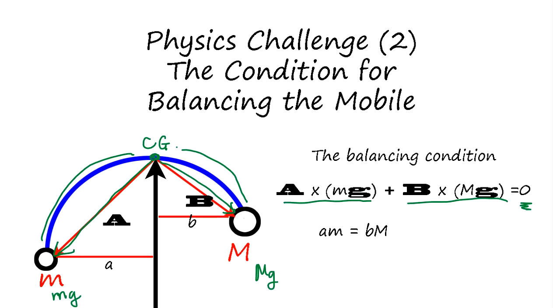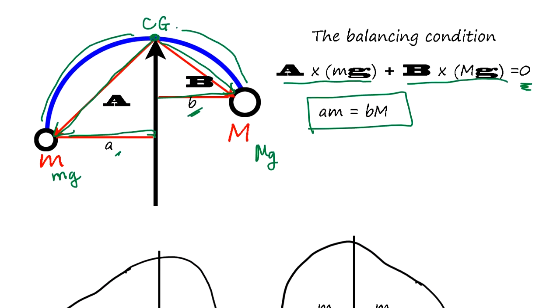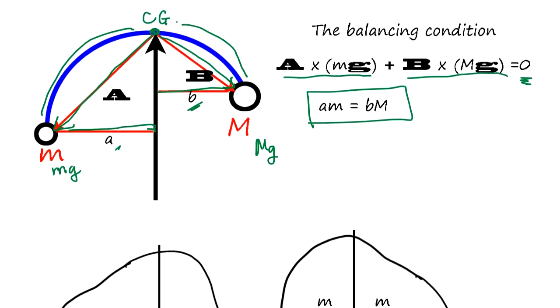This multiplication is going to give you the vertical distances A and B. So this is the condition for the rigid body to be stable, not to rotate.